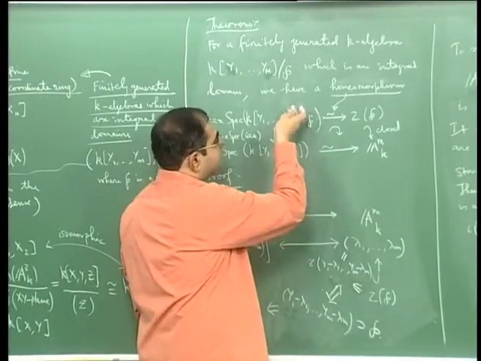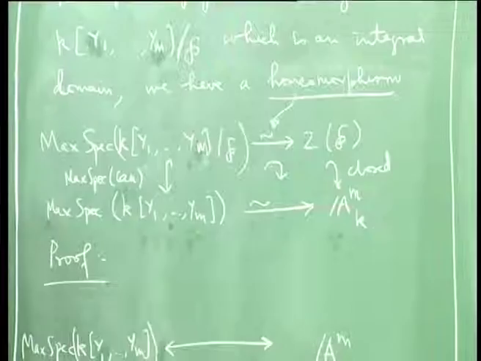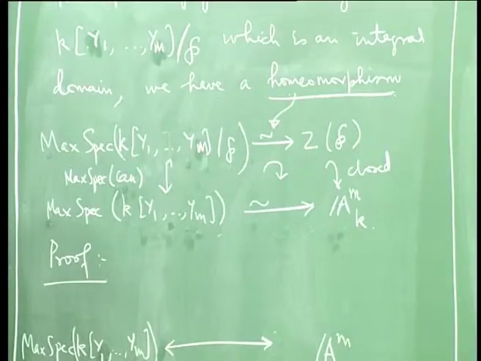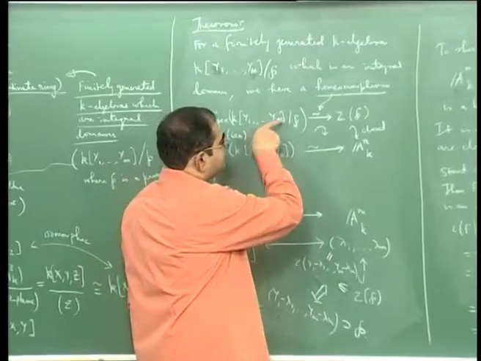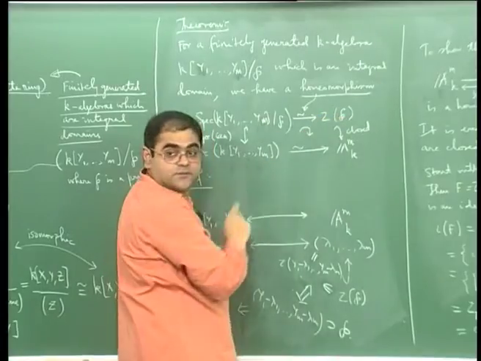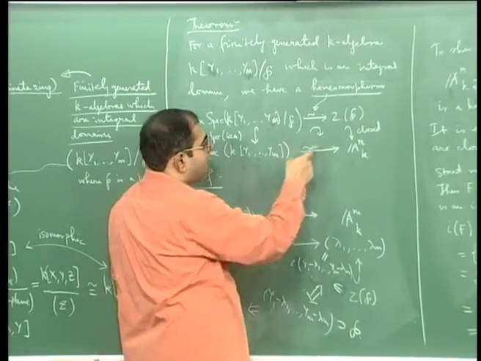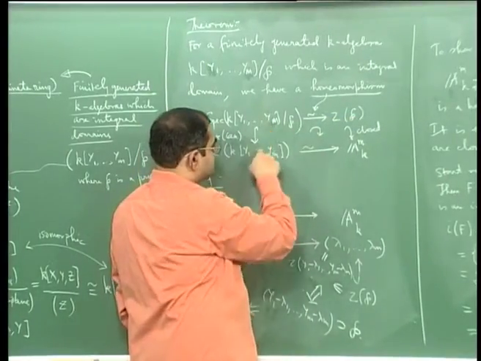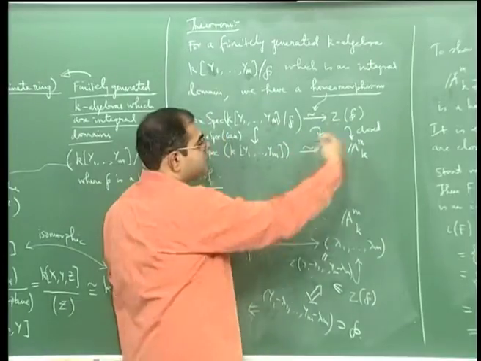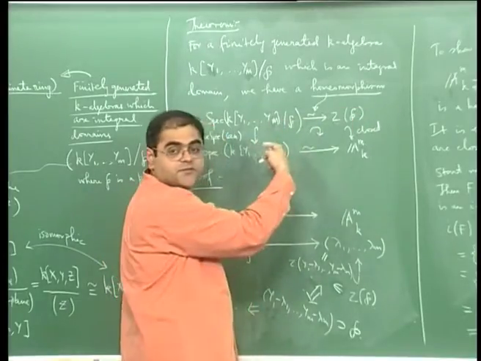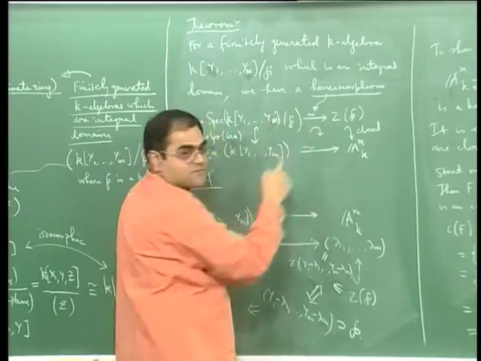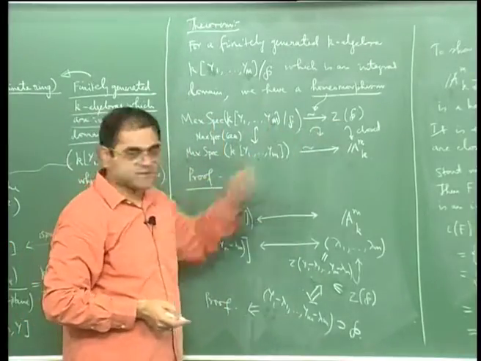A continuous map restricted to a subset will be continuous for that subset with the induced topology. So what it will tell you is that the arrow in this direction will be continuous, and because this is a closed subset here and that's a closed subset there, similarly the reverse arrow will also be continuous. So that will also tell you that this is a homeomorphism, so it's not just a bijection.